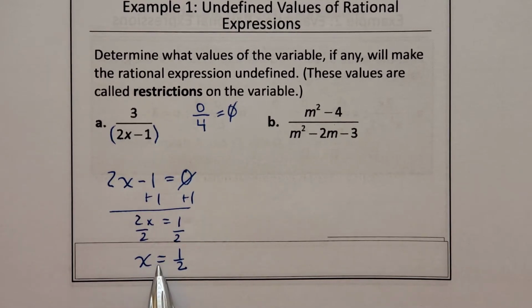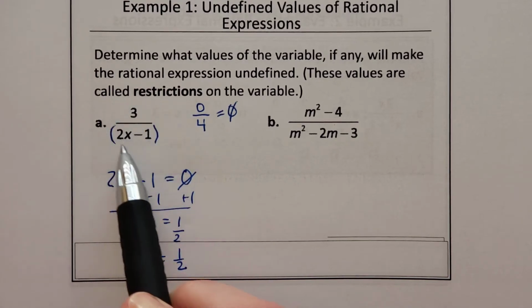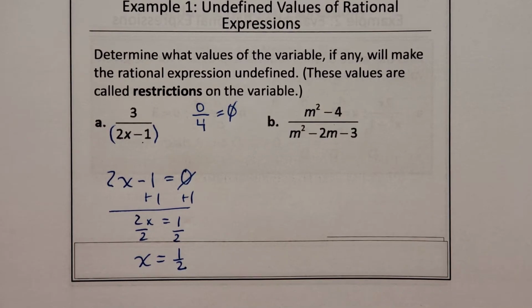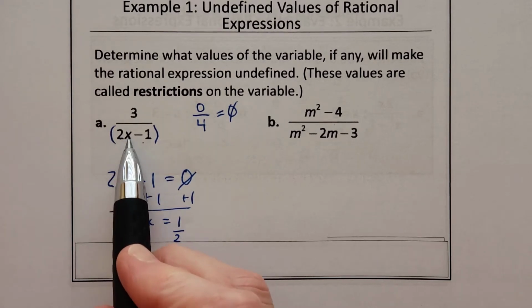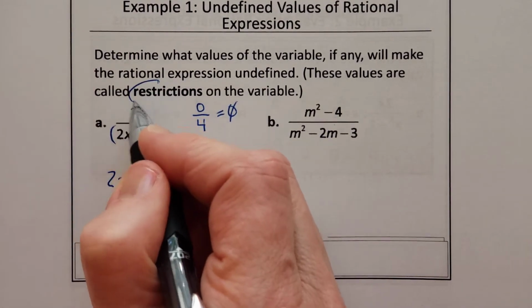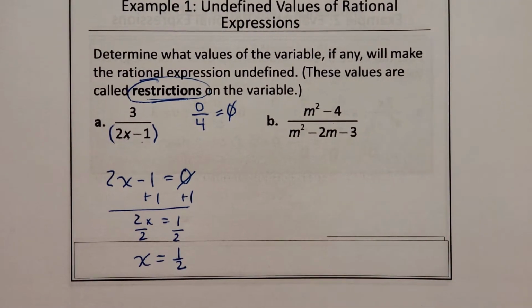So when x is equal to 1/2, that means that this whole rational expression is undefined. So when it says that x is equal to 1/2, that literally means that x cannot equal 1/2. It could equal 2, it could equal 10, it could equal negative 100. The only thing that x cannot be is 1/2, and that's why these are called restrictions. So x cannot equal 1/2.